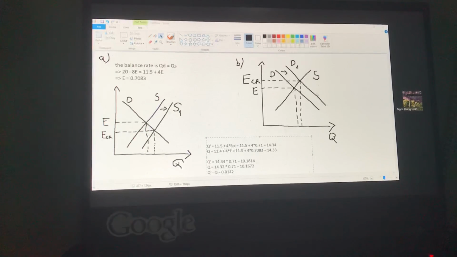So for question B, when we have the central rate, we plug it into the supply and demand equations, and you can compute the QD and the QS, and we compare them. In this case, the QS is greater, right? Here we only have the quantity of supply and the quantity of demand expressed in terms of AUD.